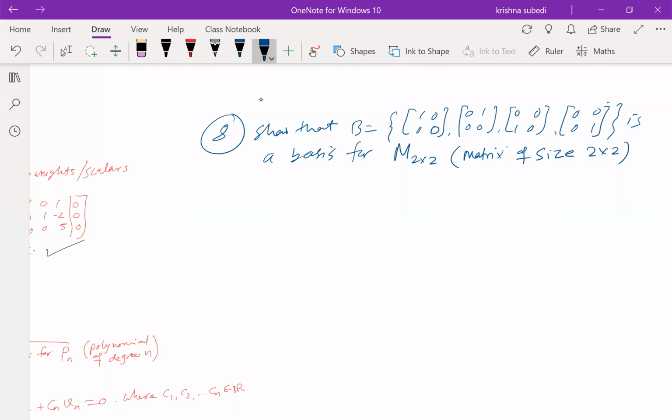M2 by 2 means it represents the matrix of size 2 by 2, all possible matrices of this 2 by 2 size. Now I want you to try this. Take a couple of minutes, check two conditions. Condition 1 is linearly independent and condition 2 is spanning. Okay, take a few minutes.